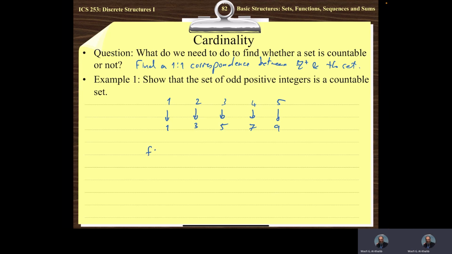F of n equals 2n minus 1. Of course, you need to prove that this is a one-to-one correspondence, but the proof is very straightforward, just like what you learned in section 3. Okay, but this is a one-to-one correspondence.